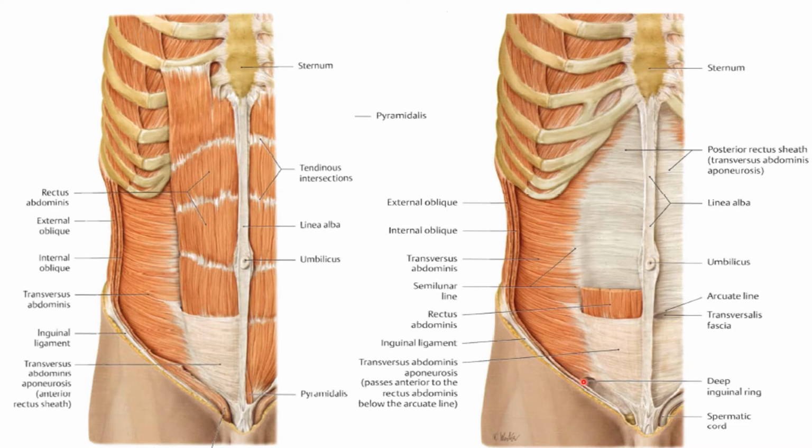And here we can see the deep inguinal ring, which is the deficiency in the fascia transversalis.